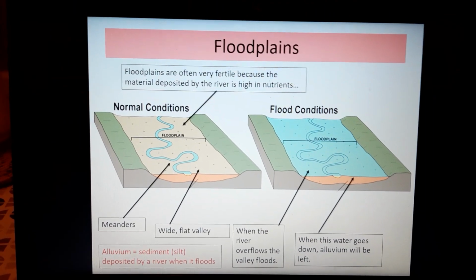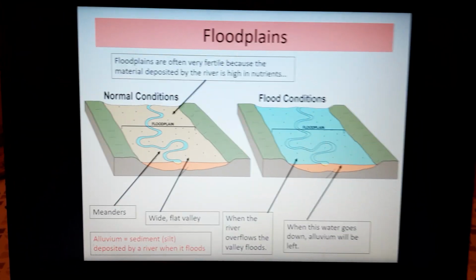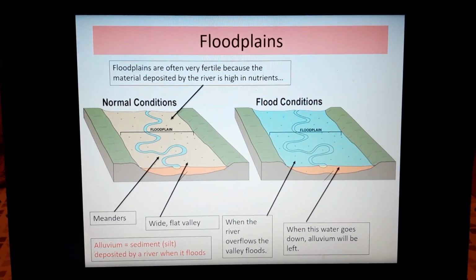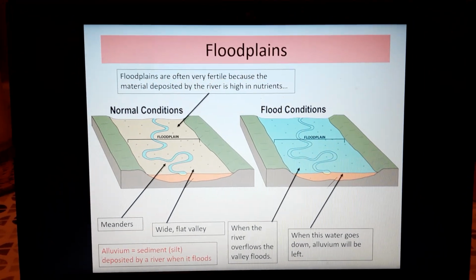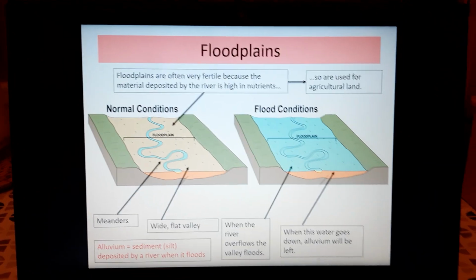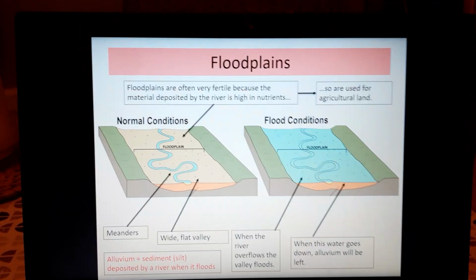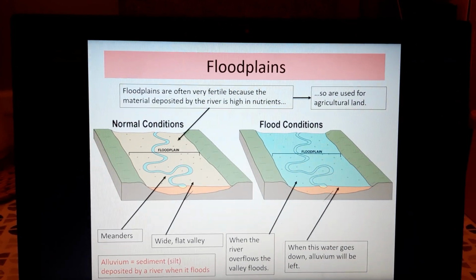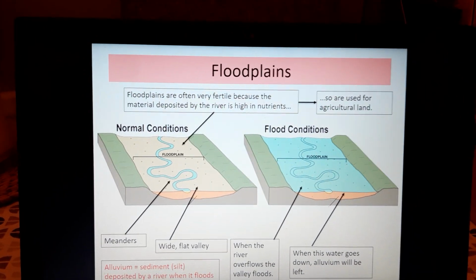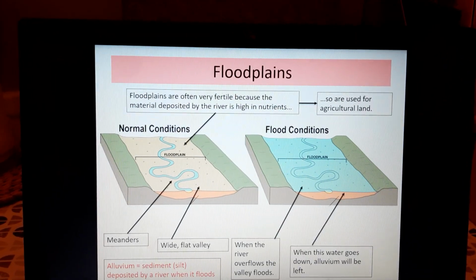It makes the land on the side of the river really fertile, really good for growing crops, because that alluvium is very high in nutrients. So you often get farmland, agricultural land, next to a river in its lower course. Okay, so that is the formation of floodplains.